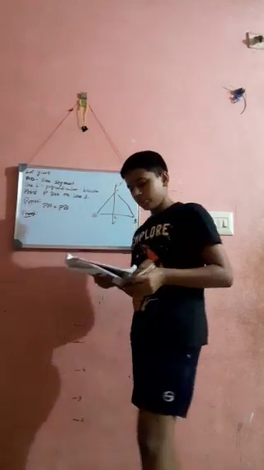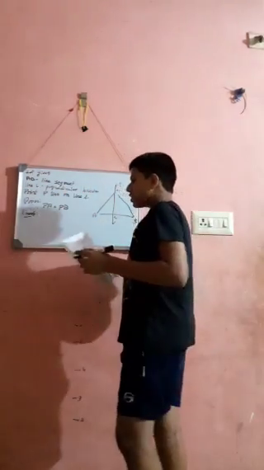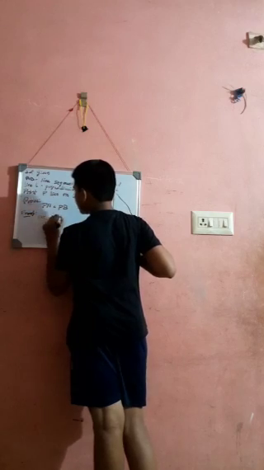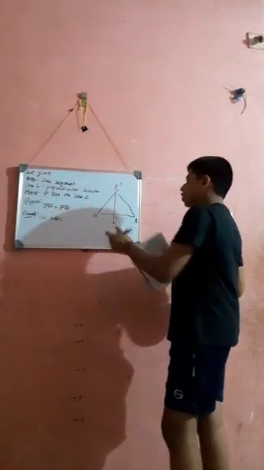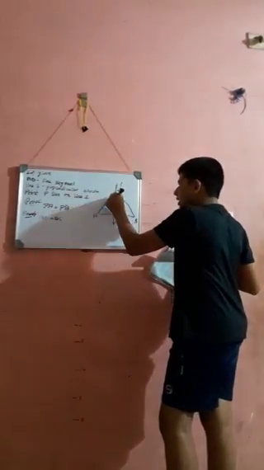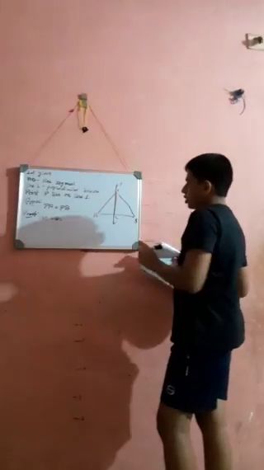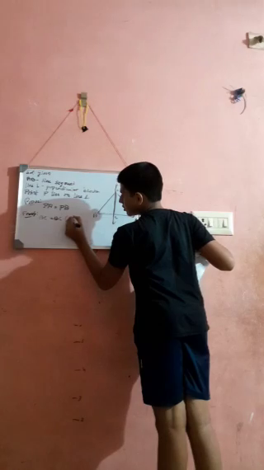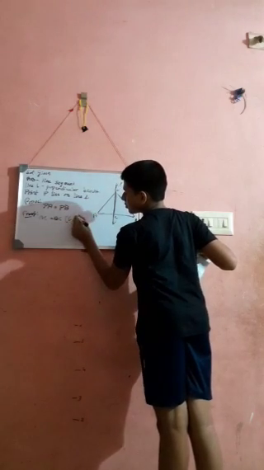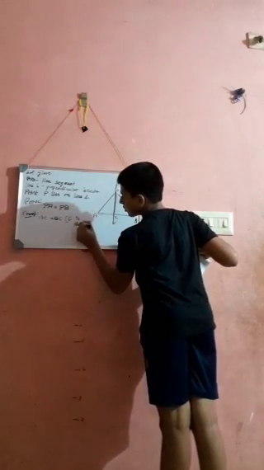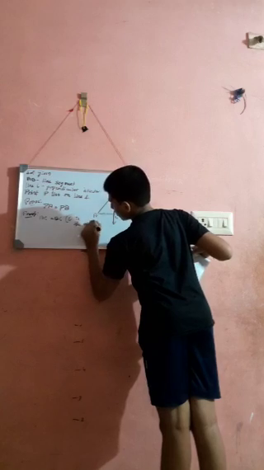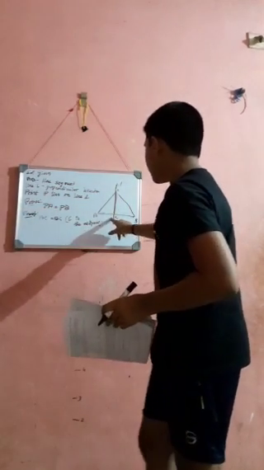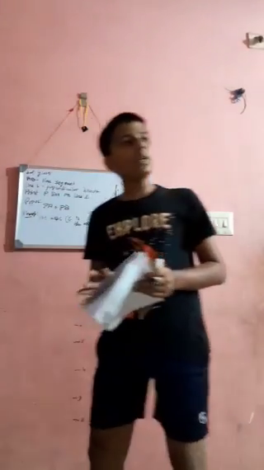Showing the proof. We know that AC is equal to BC. How do we know? Here a perpendicular bisector has been drawn. When a perpendicular bisector has been drawn, anything in the middle becomes the midpoint.